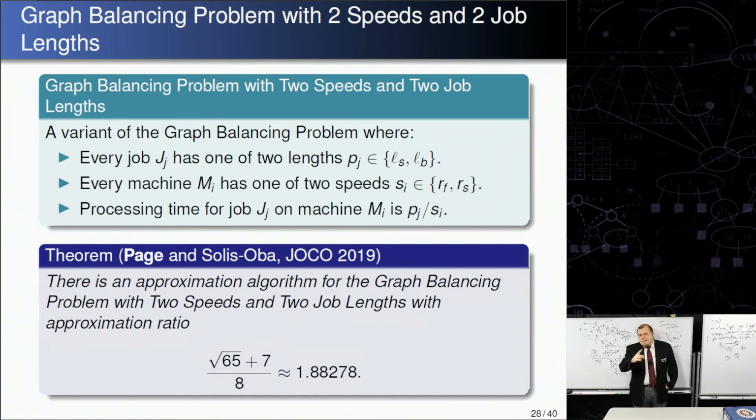So what makes this special case interesting is that this is, to the best of my knowledge, the first special case of our Cmax that has been studied where we have different machine speeds where we actually have a better than 2 approximation of that problem, where it still has this 3/2 lower bound. So that's what makes this result really exciting.